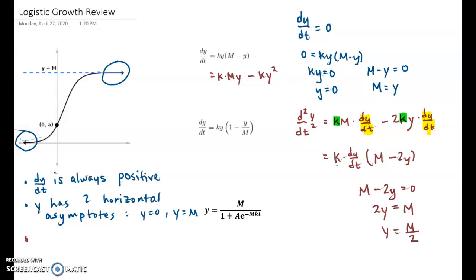So the y coordinate of the inflection point is m over 2. And that's also where the growth rate is the fastest.